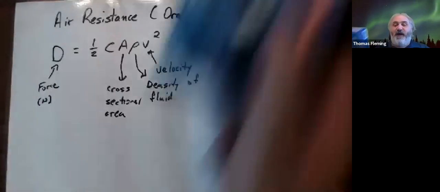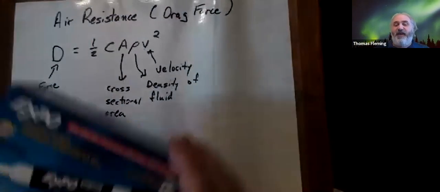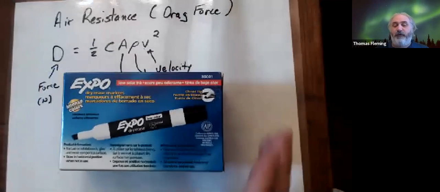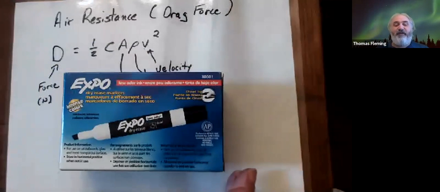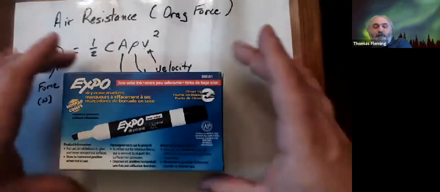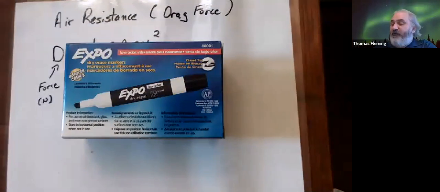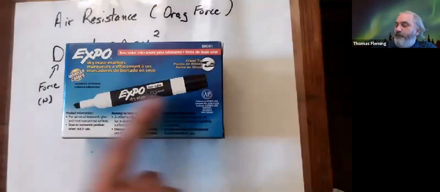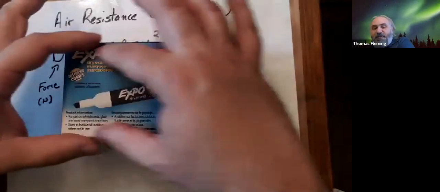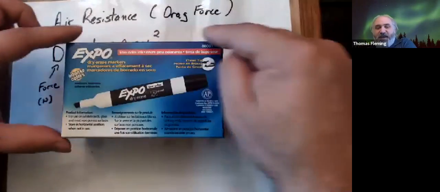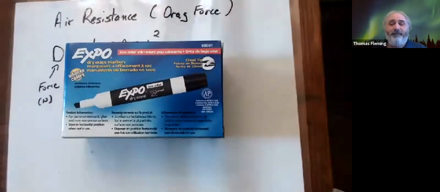So imagine I've got this box of markers. If I'm moving this box around, the air is going to have to get out of the way. If I move the box towards the camera like this, all the air in front of it has to get out of the way. The area that the air sees is the area of this box, right?